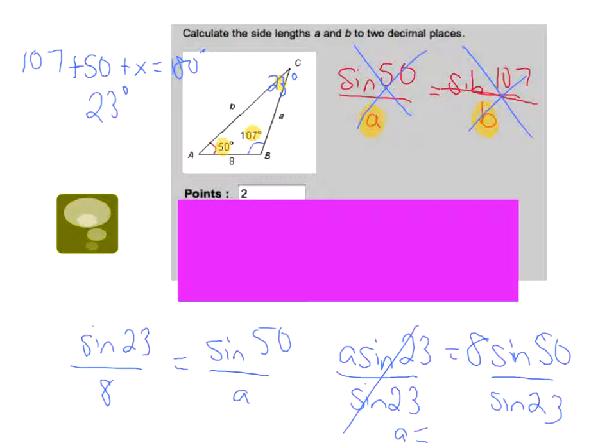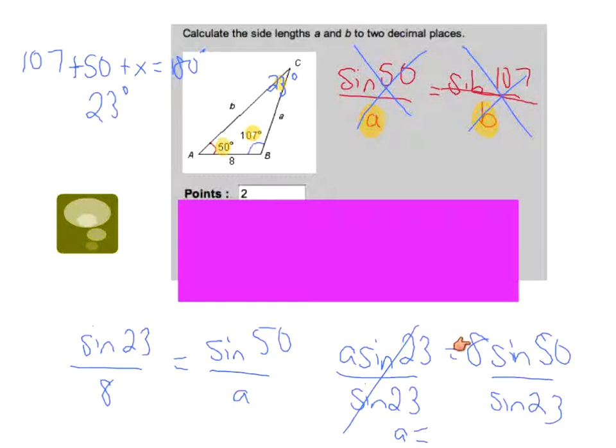I would hate for you to have all the work right, but then get the wrong final answer. So what is the length of A? Excellent answer. Perfect.